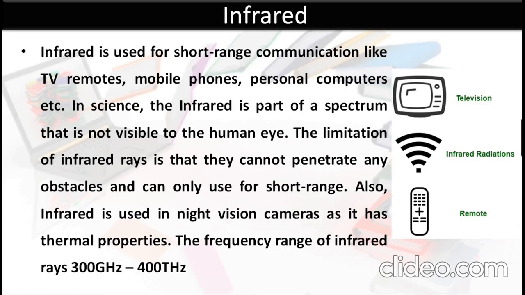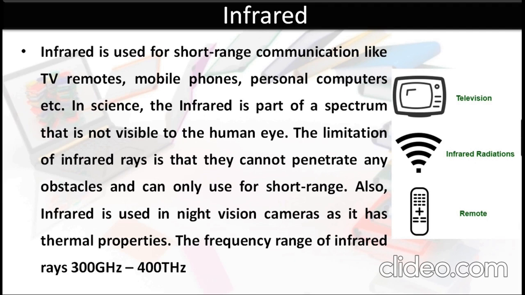If you are in one room and your television is in another room, the remote won't operate, because it cannot bend this radiation, so it cannot cross the walls. That is one limitation we have in infrared.